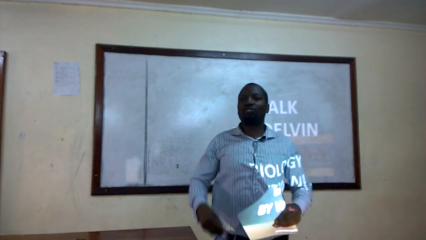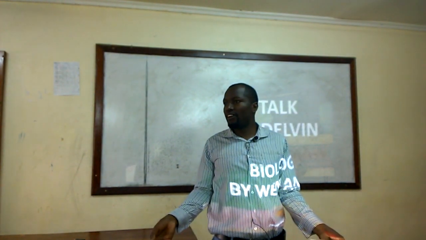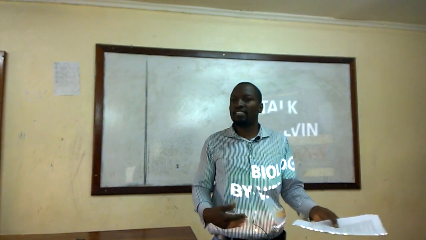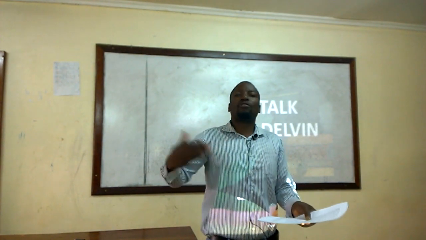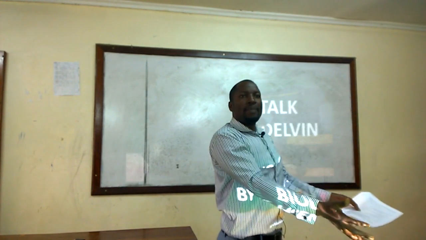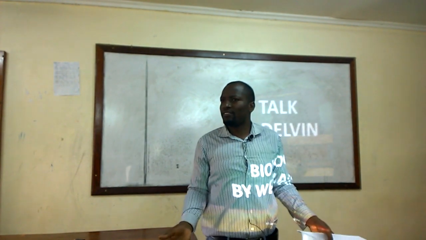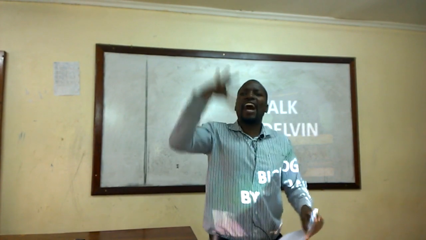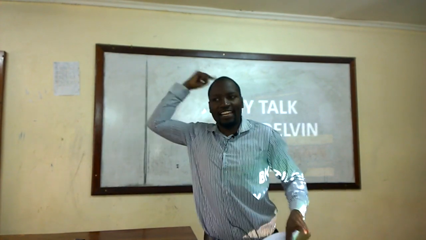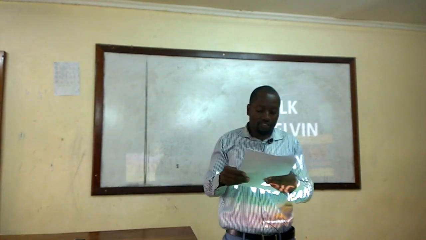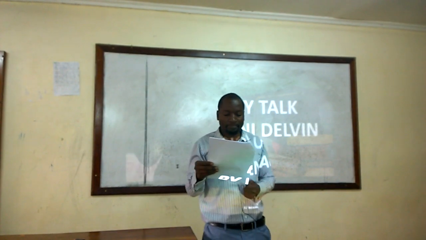You cannot say it's isotonic to what? You must compare something to something. When you're talking about the solution is hypertonic, hypertonic to what? Hypotonic to what? So the cell sap is hypertonic to the solution. You are trying to give the reason why whatever is happening is happening.